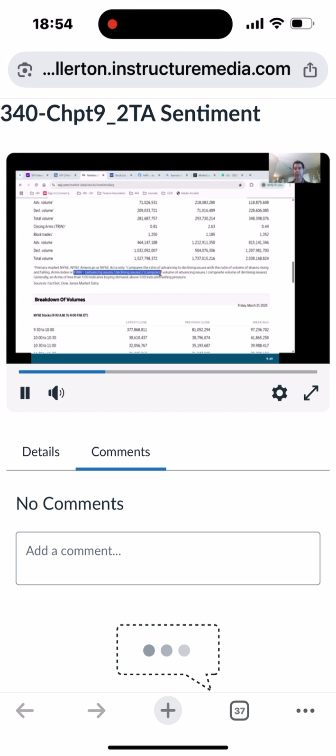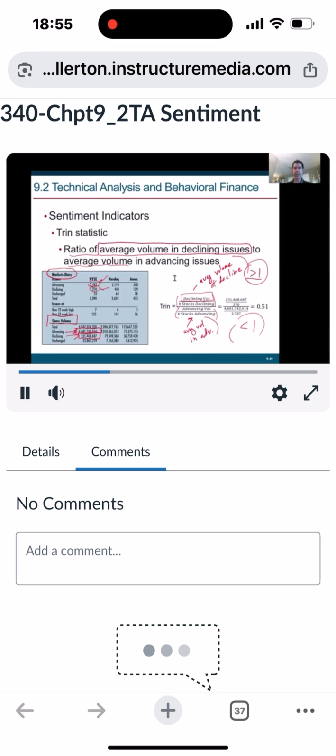They show you that calculation, and they say generally less than 1 indicates buying demand. Again, less than 1, what does that mean? All the action was in the stocks that were going up. That's that buying demand. That's the positive sign. And above 1 indicates selling pressure. That's sort of the negative or bearish sign. Okay, so that's the trend statistic.